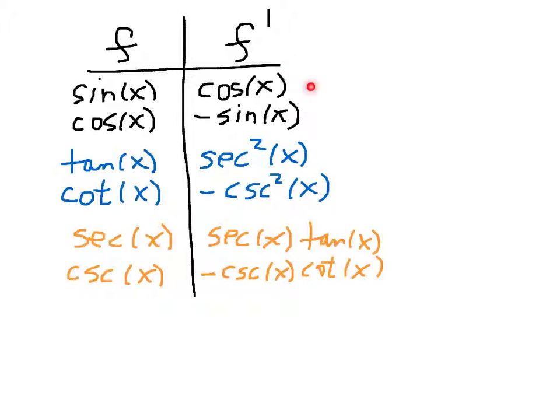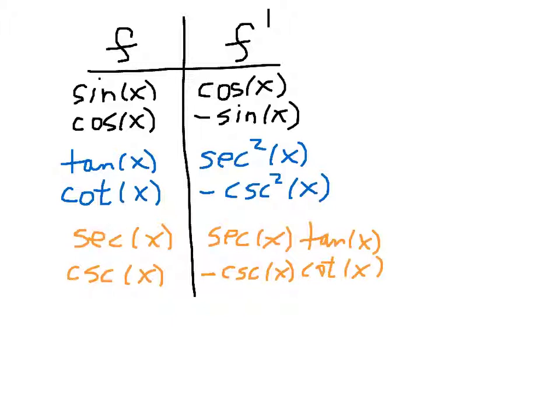These are cofunctions. Sine and cosine are the cofunctions. And look at their derivatives. Their derivatives are opposite cofunctions. Similarly, with tan and cotan, they're cofunctions, and their derivatives are opposite cofunctions. Same relationship with secant and cosecant and their derivatives.